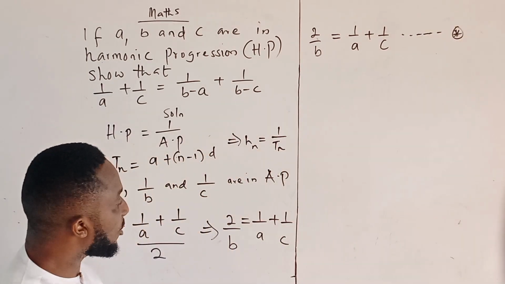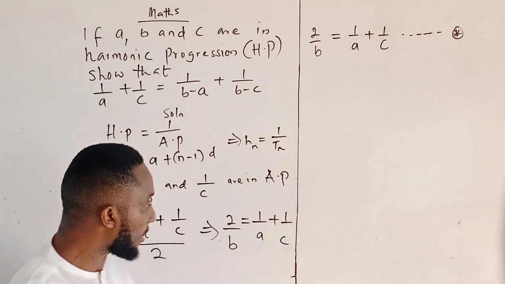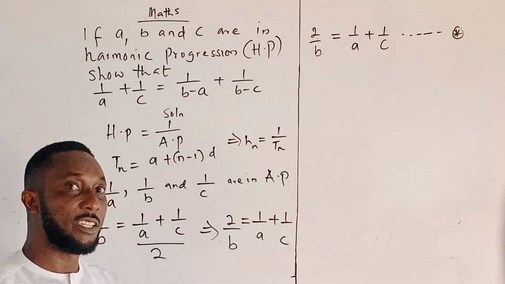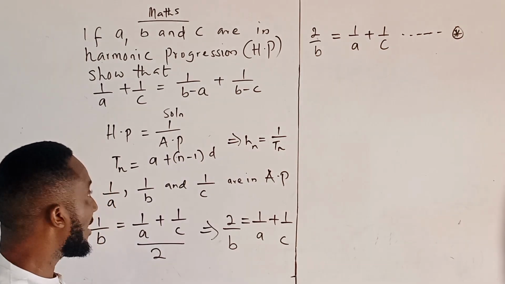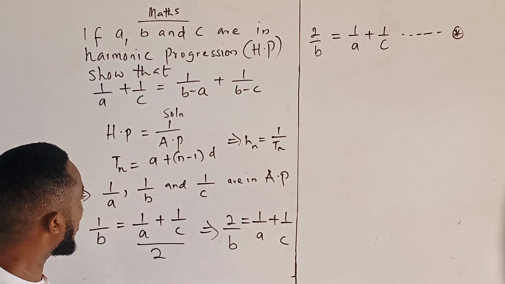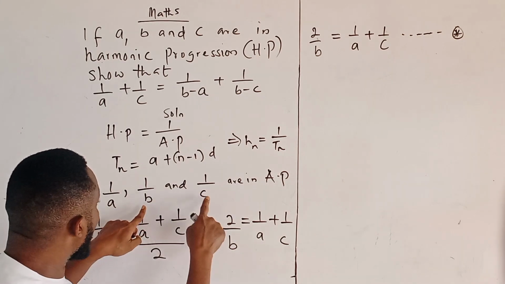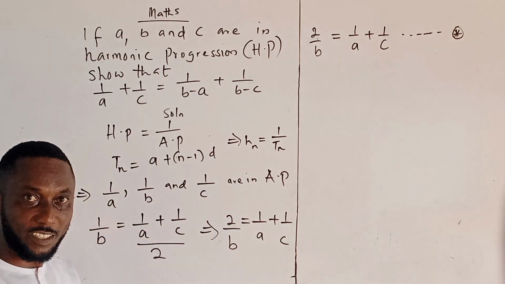Then the constant term in an AP, which is the common difference, can be gotten from the difference between two consecutive terms. That difference is constant.